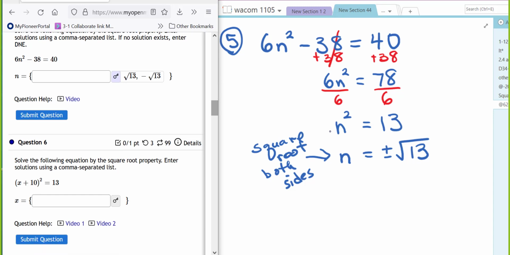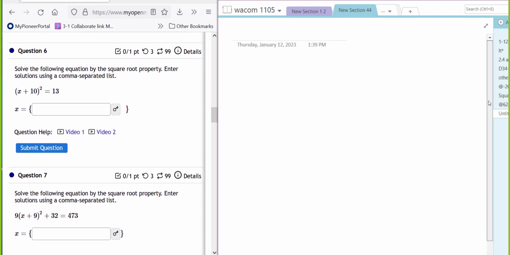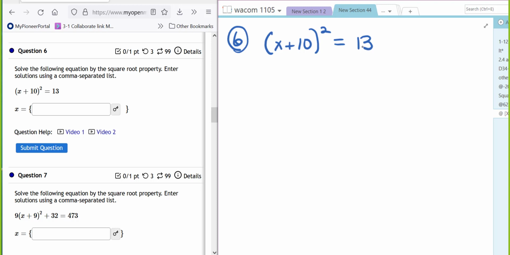All right, we will also look at the next one. And this one has a binomial squared. And it is actually ready to go ahead and take the square root of both sides.